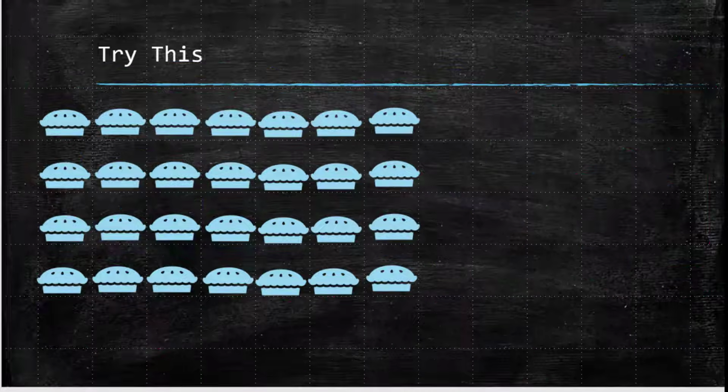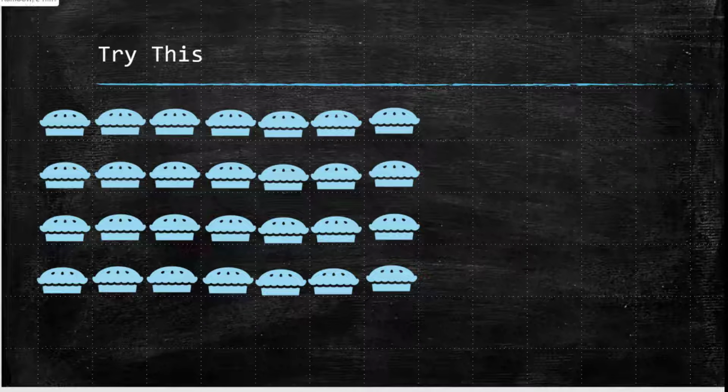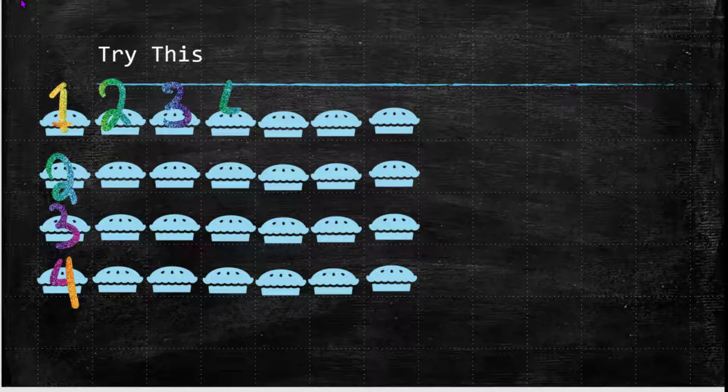Let's try one more. Here we have delicious pies. Hopefully during Thanksgiving you would get a chance to eat a delicious pie. Let's count the rows. 1, 2, 3, 4 rows. How many are in each row? Well, that's 1, 2, 3, 4, 5, 6, 7 in each row.